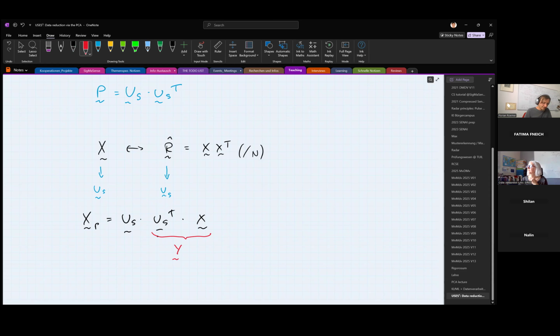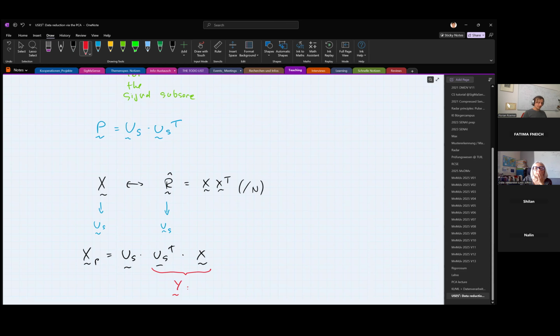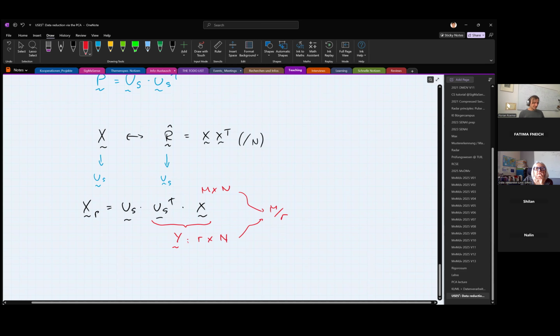Let me call that Y. This matrix is now of size... what is the size of U_S? Yes, it's M by R. So this matrix Y is of size R by N, whereas the size of X was M by N. So Y is smaller than X if R is smaller than M, meaning there is a low rank subspace at play, and we achieve a compression of factor M over R. In the previous example, M was 50, R was 5, so the compression was 10. And that is basically the idea.